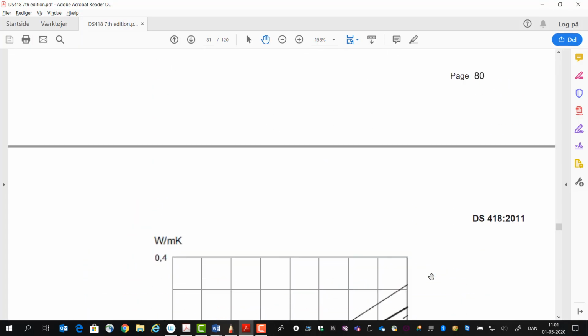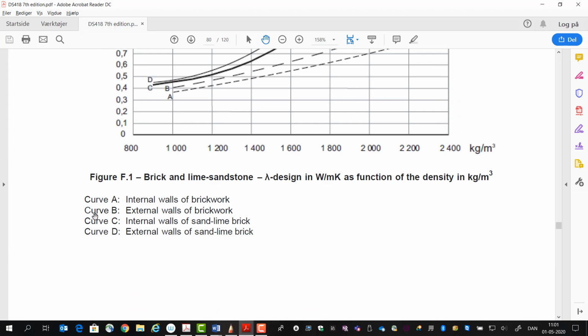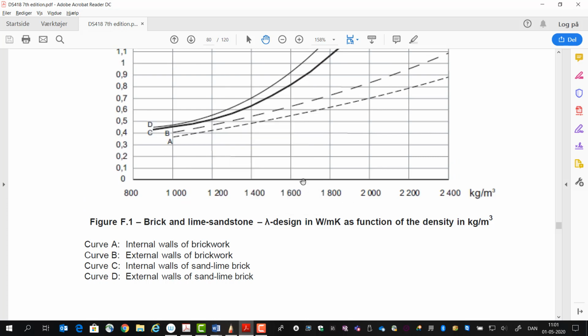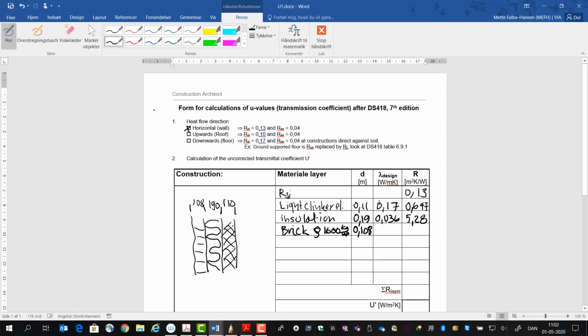We go to the graph here, and we can see it's curve B, external wall brickwork, 1600, and then we go over to here and it's 0.63. Again the R is D divided by lambda, so 0.171.